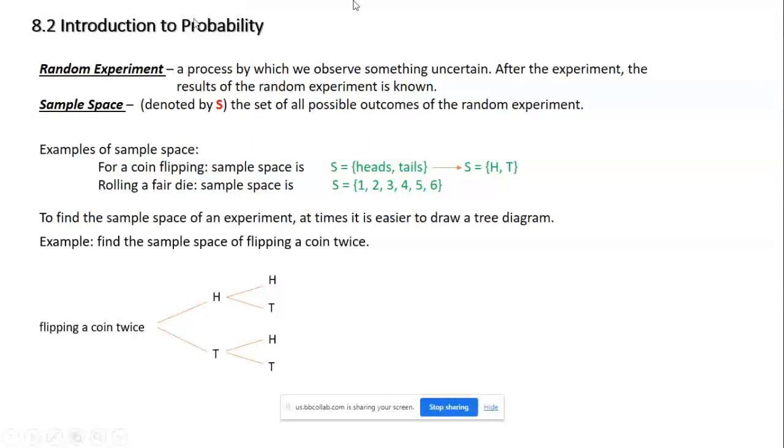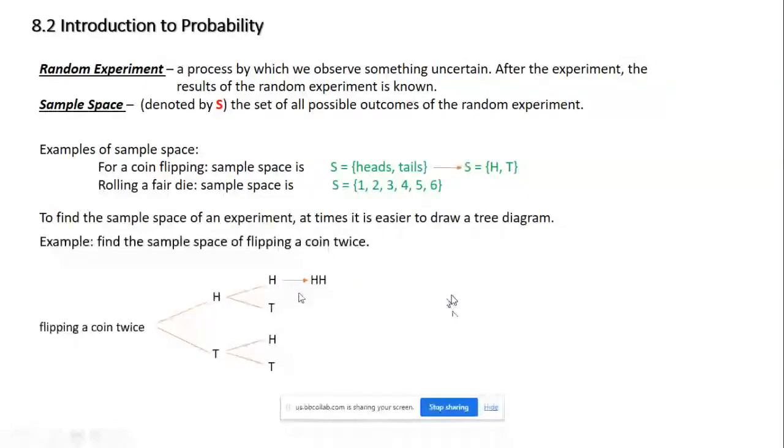Yes? So this process of listing the possible outcomes that we can get from our experiment is what's called a tree. If I wanted to find out what the outcomes are by flipping a coin twice, I could have two heads, both times I flipped it. Or I could have gotten a heads first and then a tail, or a tail first and then a head, or two tails, right?